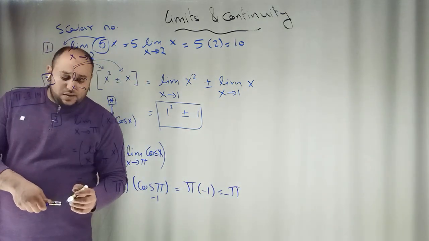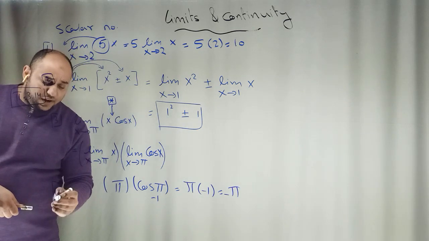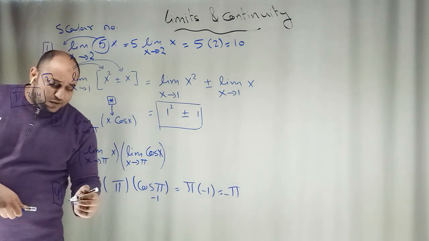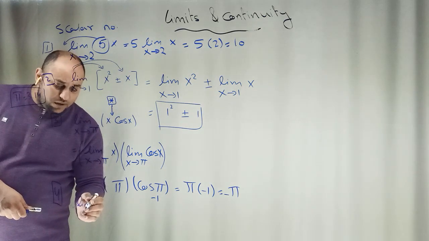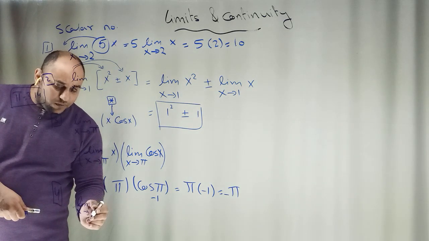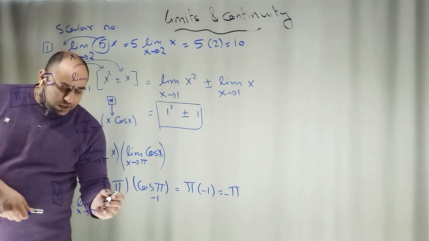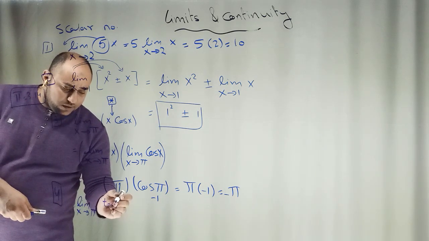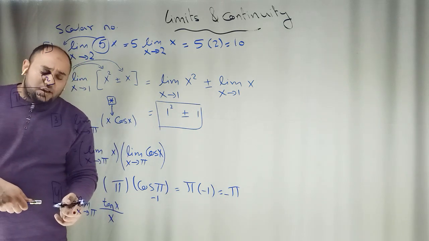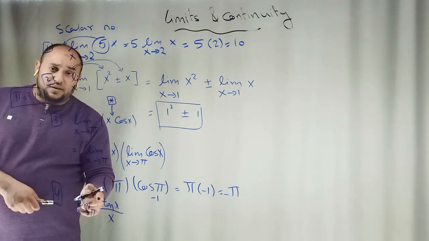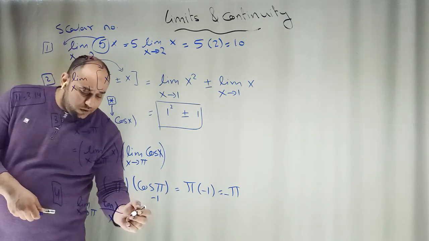The last case, we have dividing or fractions. If I give you the limit as x approaches pi of tan x over x, with tan the other trigonometric function, in this simple limit you can take the numerator and denominator.